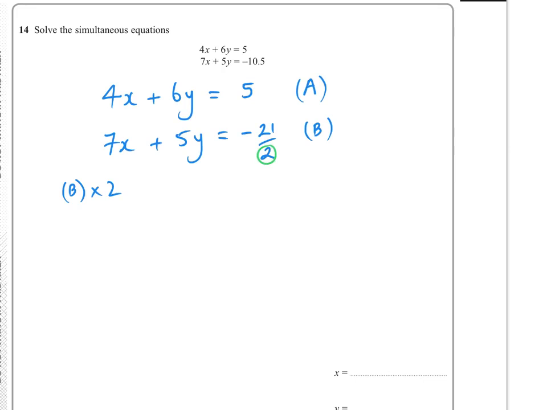That will give me 14x plus 10y equals negative 21, and I can call that equation C.